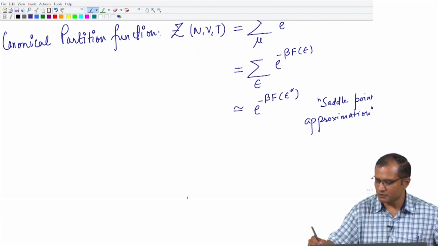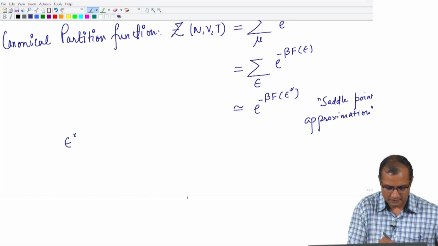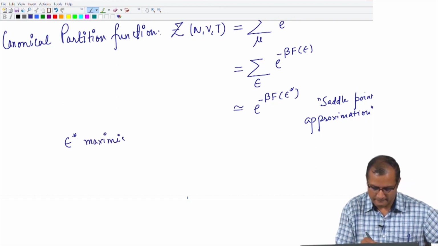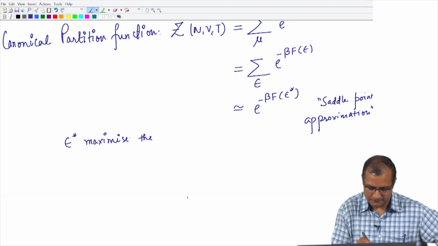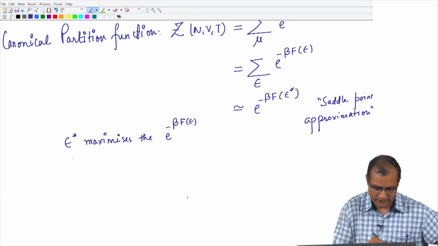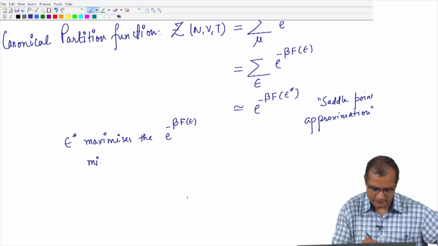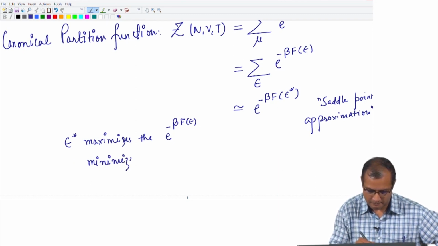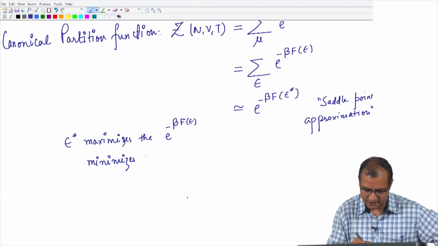here I would like to remark that this E star maximizes the summand, which is e to the power minus beta f, and minimizes the free energy.